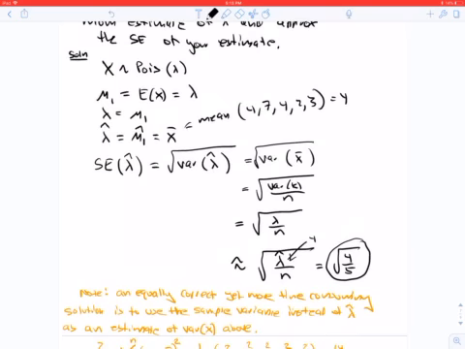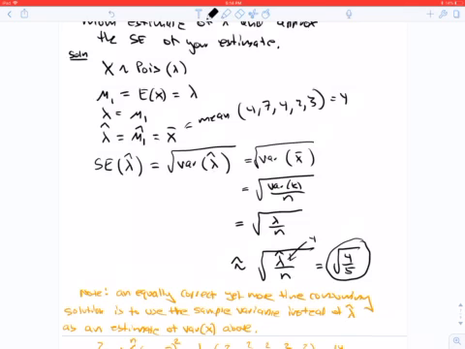So x is Poisson lambda, okay, and you can see that the SE of lambda hat is the square root of the variance of lambda hat. Now lambda hat is x bar, so that's the square root of the variance of x bar, which is the square root of the variance of x over n. Now to calculate the variance of x, well, we don't know what the variance of x is, but we can approximate it.